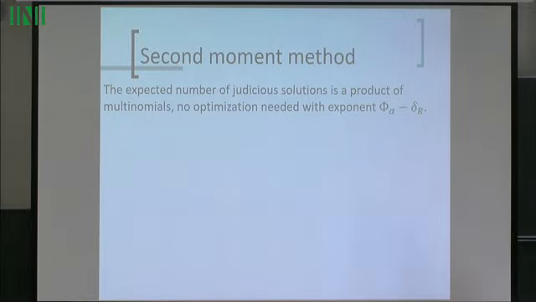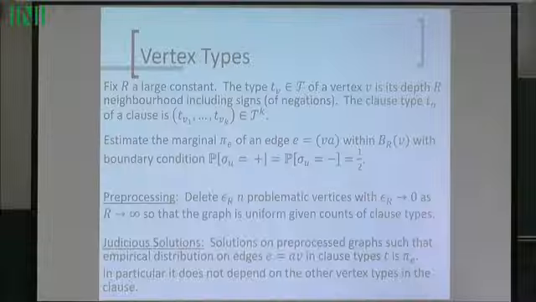Okay, so then you can say, well, how many judicious solutions are there? And the first moment is actually pretty easy. You don't really need to do an optimization step because we've really specified most of the empirical distribution as part of the definition.